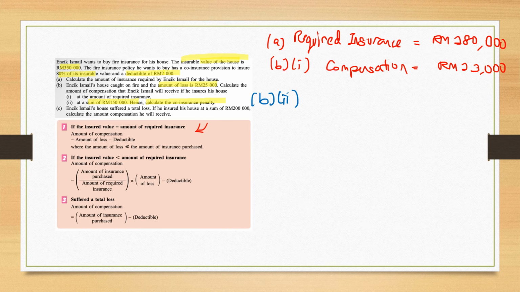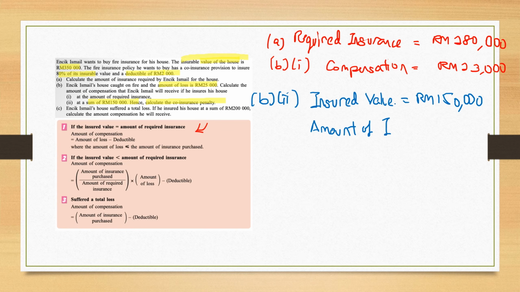Now, finally, we can start calculating part B2 right here. First thing first, the question is asking to calculate the amount of compensation that the insured will receive if insured at the sum of 150,000 ringgit. Again, this 150,000 ringgit is the insured value, which can also be called the amount of insurance purchased.